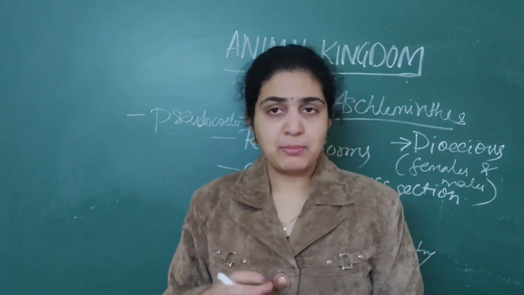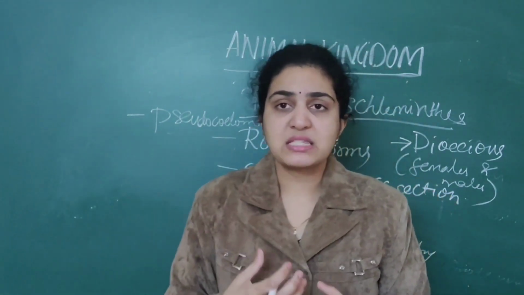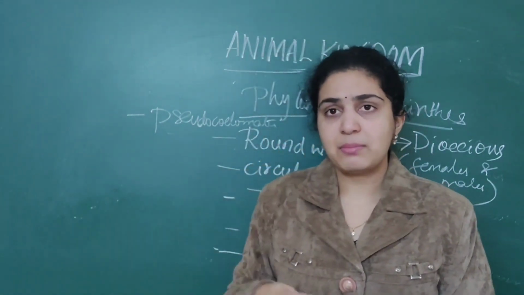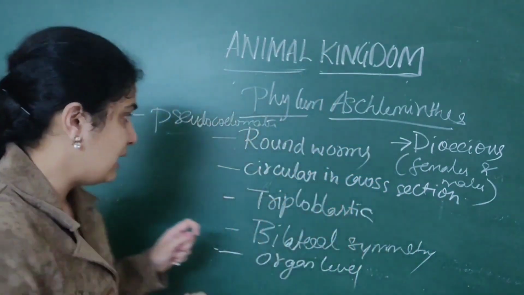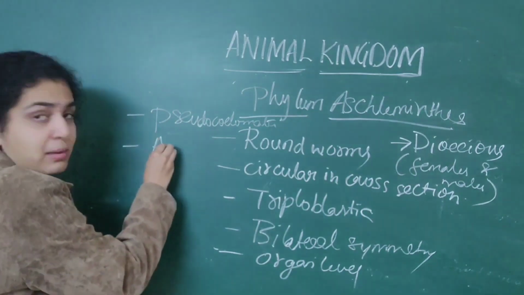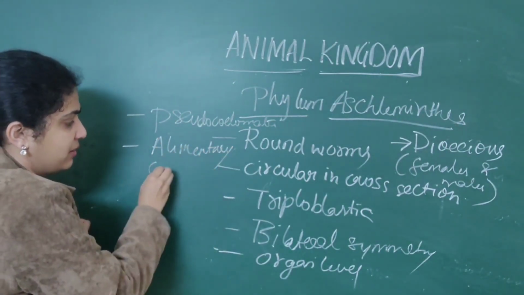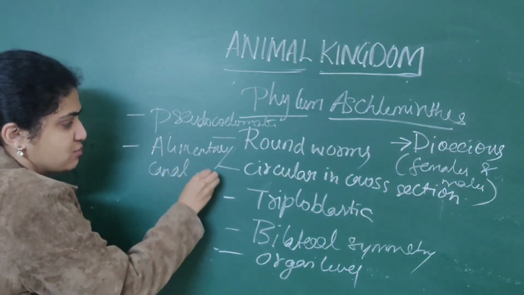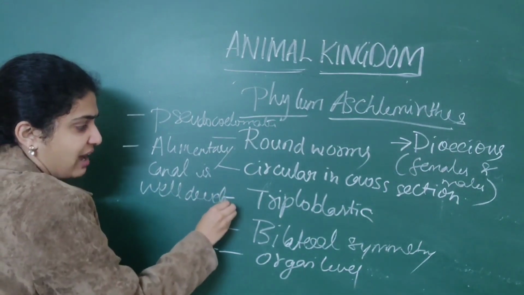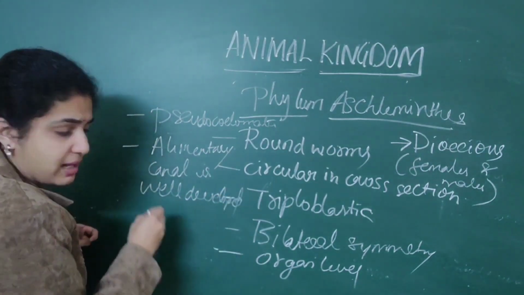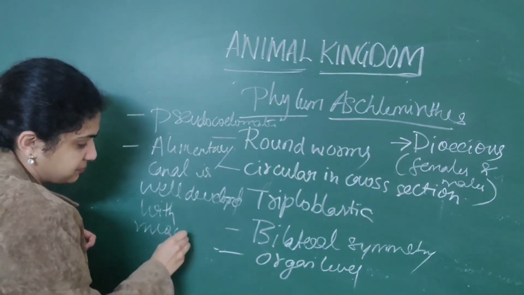When it comes to Aschelminthes, for each phylum we are dealing with one specific feature. Like that, for Aschelminthes also, the alimentary canal is well developed with a muscular pharynx.